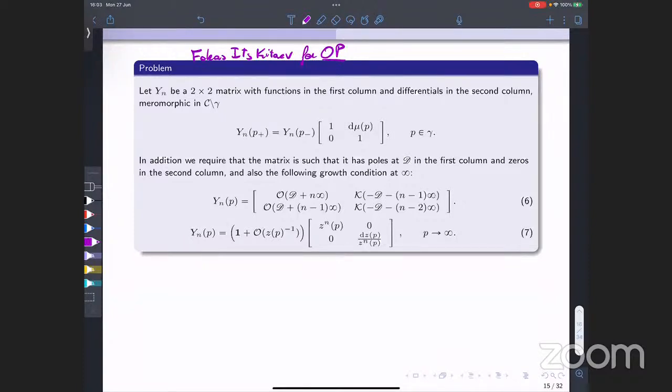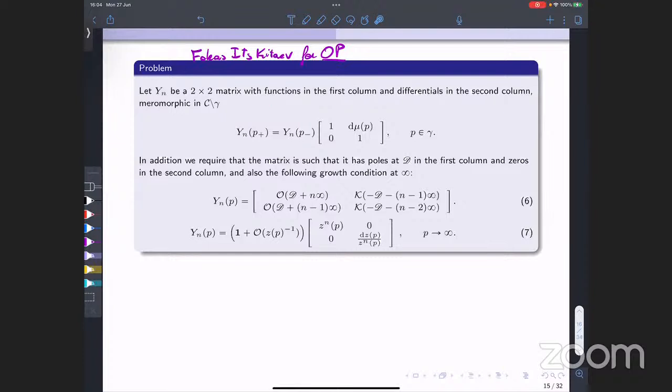Now, the difference is this: it's a 2x2 matrix still, analytic and bounded outside of the contour of integration, with this jump condition. Now, note that the first column of this matrix consists of functions, and the second column consists of differentials with discontinuity along gamma, but they are differentials.